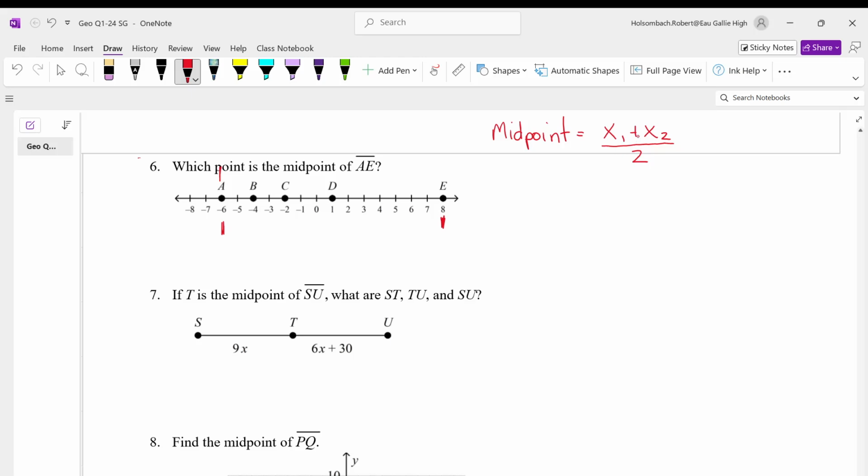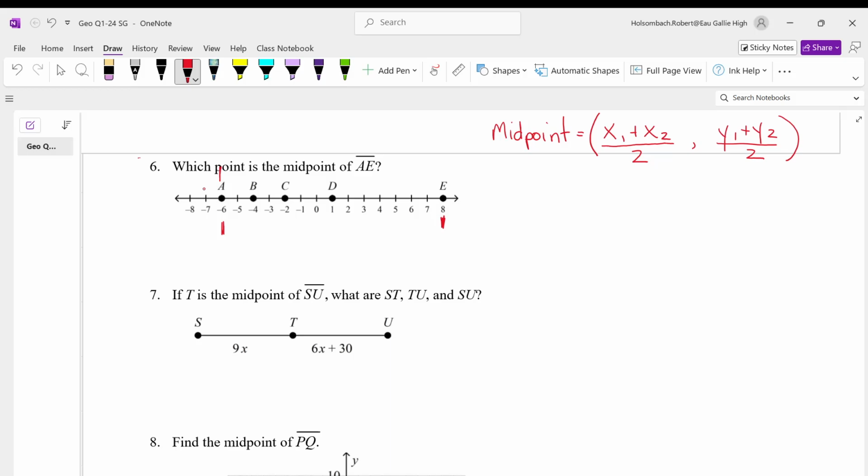And when we're finding the midpoint on a coordinate plane, that gives you the middle of your x's, and y sub 1 plus y sub 2 divided by 2 gives you your y's. If you have to find an x and a y value on the coordinate plane, you're going to use this formula.